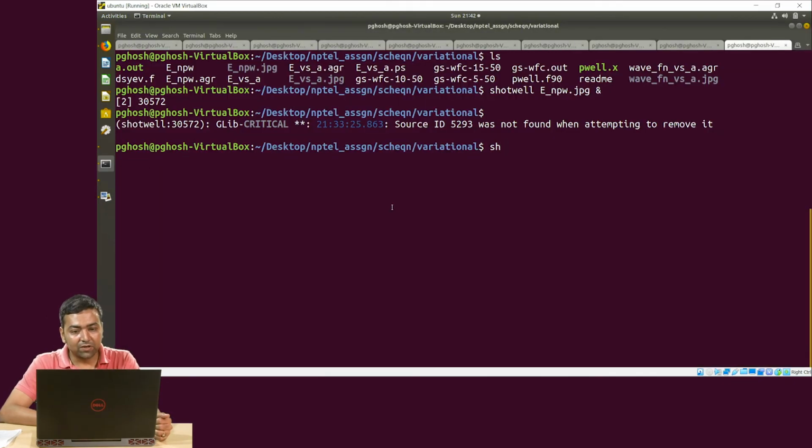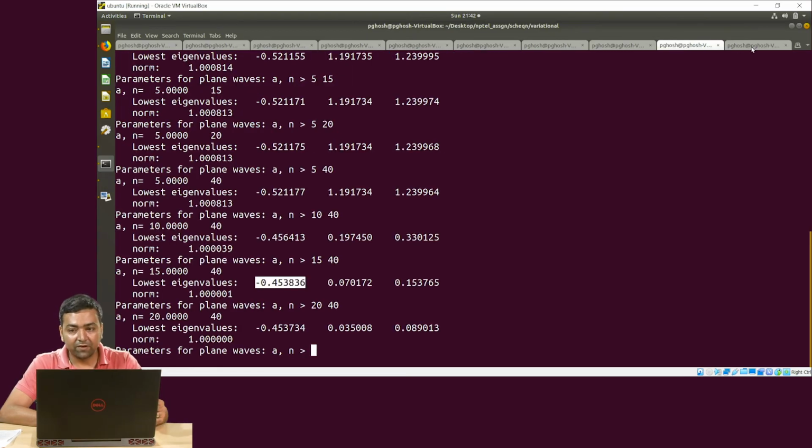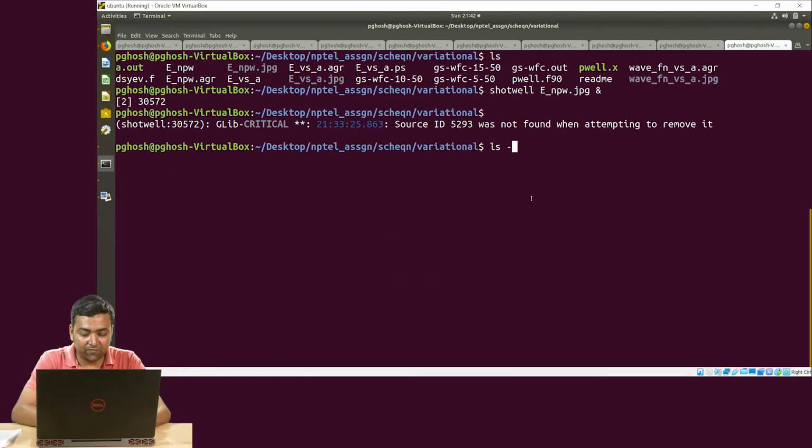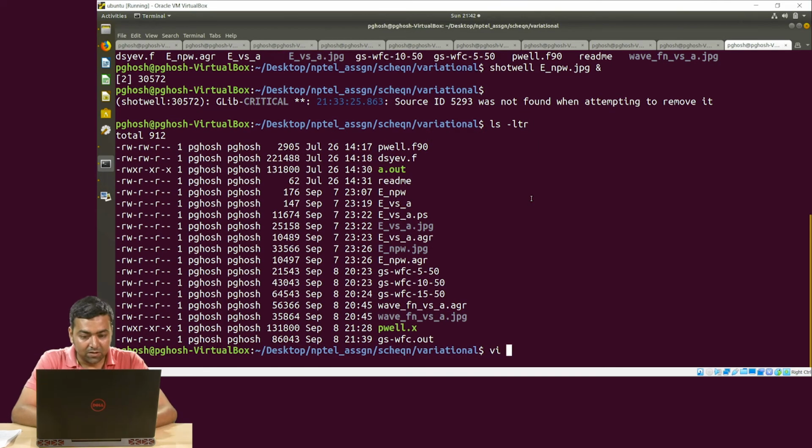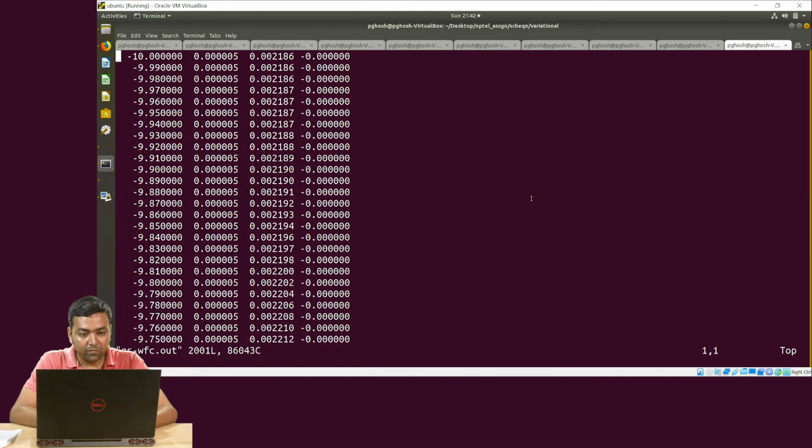Now, let us look into how my wave function looks. If I open the output file where I have stored my wave function, you see there are 4 columns here.